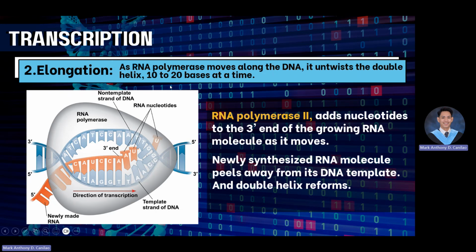As you can see in our example, the orange one is the newly synthesized RNA. There is no T or thymine located on the orange one because these are RNA already. Again, we use uracil when we create an RNA. So that is the elongation phase.